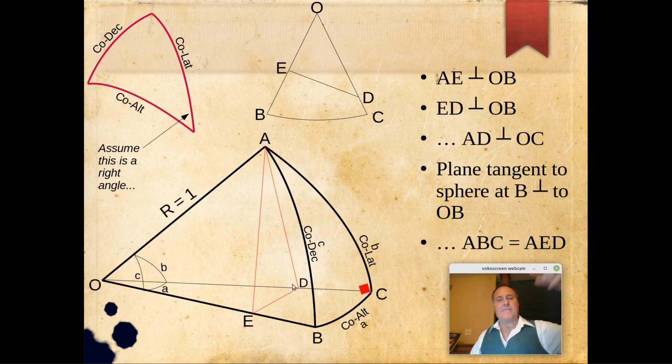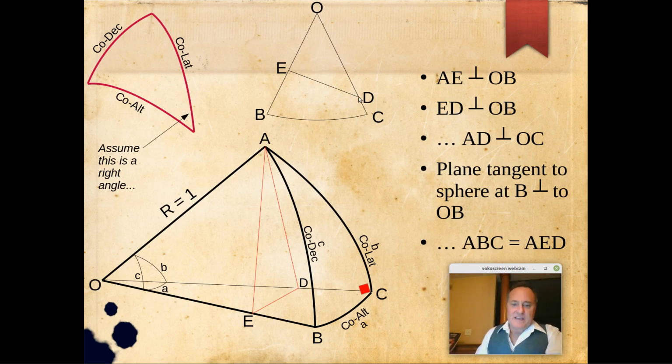If you look at a top view down looking through A, you can see that this line ED, while perpendicular to OB, that's this line ED, that line is not perpendicular to OC, okay, at D. So that's the top view looking down. But AD is perpendicular to OC, and AD is sticking straight up through this point right out to your nose. And it's perpendicular. All right, so that's one thing I wanted to point out.